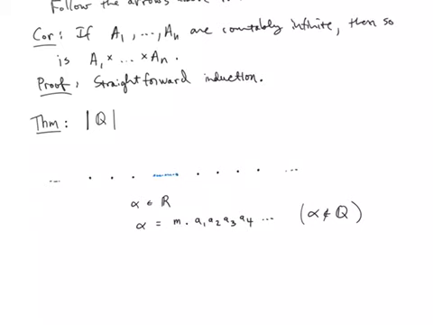Consider the sequence of numbers: you can start with m, and then m plus a1 over 10, that's rational. Then m plus a1 over 10 plus a2 over 100, that's rational, and m plus a1 over 10, a2 over 100, and a3 over 1,000.